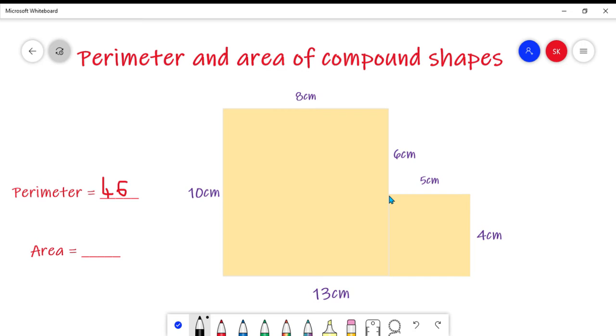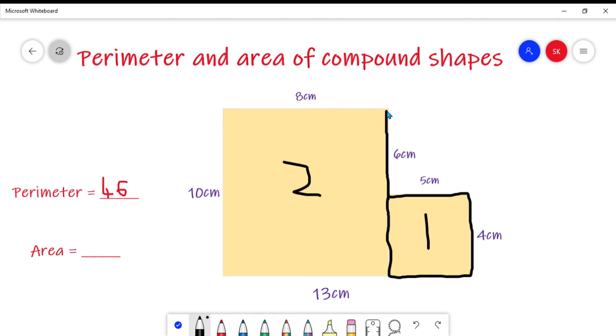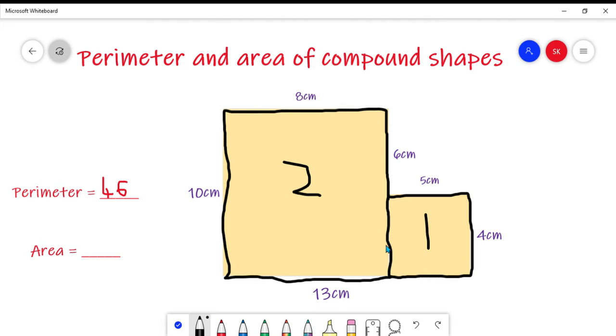So you might be able to see down here, it's usually clear enough where the two shapes are. So there's one shape, and then the second shape is this big rectangle around here. So what we've got to do is find the best measurements and try and work out the area of each one.